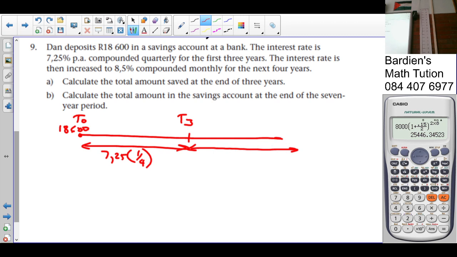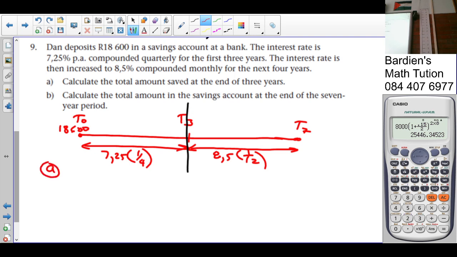So that takes you to T7, seven years. It's compounded monthly, so it's 1/12. You guys understand? So the first question is, calculate the total amount in the savings account at the end of 3 years. That is where they want you to stop for A. Can you see that, people?